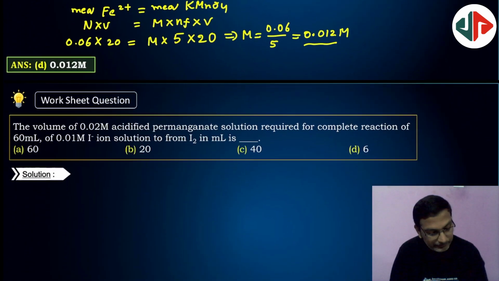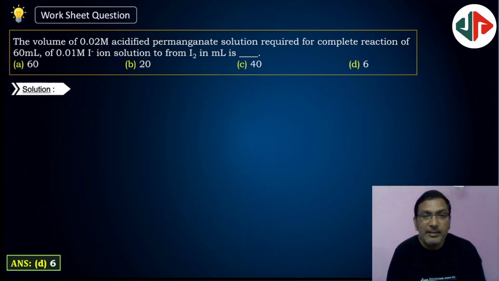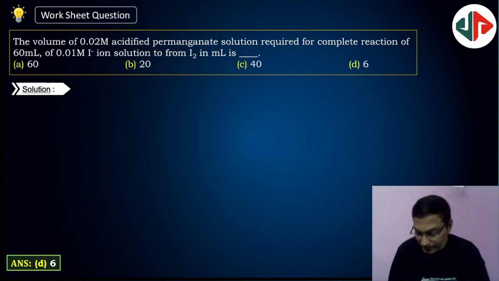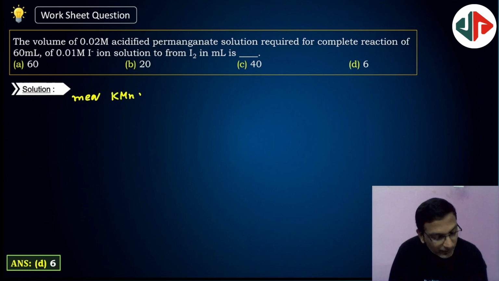Next. Volume of acidified permanganate solution required for complete reaction of I minus. Here also similar. Milliequivalents of potassium permanganate KMnO4 equal milliequivalents of I minus.